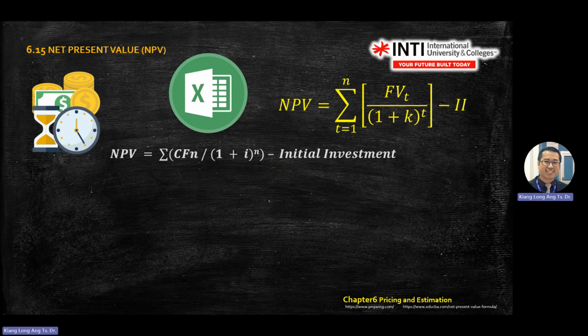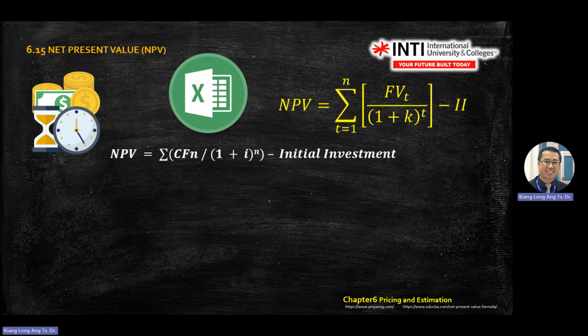So how do you apply? I will show you using Excel form. In the final exam or your test 2, you only need to write this equation and then use your calculator to calculate. I hope you can understand the yellow color and the white color equation. Actually, it's the same. So CFn divided by bracket 1 plus I to the n.